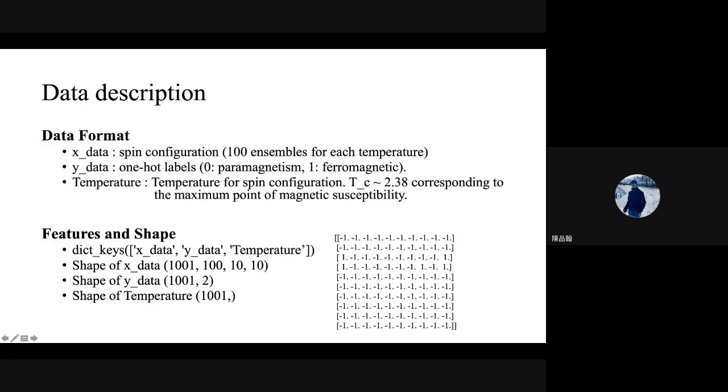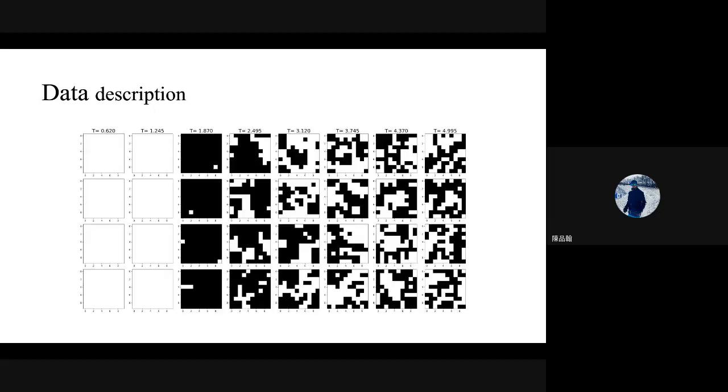Therefore, we just square all the total energy and then calculate the ensemble average. Is that clear? I don't understand your explanation. I want to see a clear formula. How do you define E average? It's the sum of SI times SJ, right? So how do you calculate E square average?